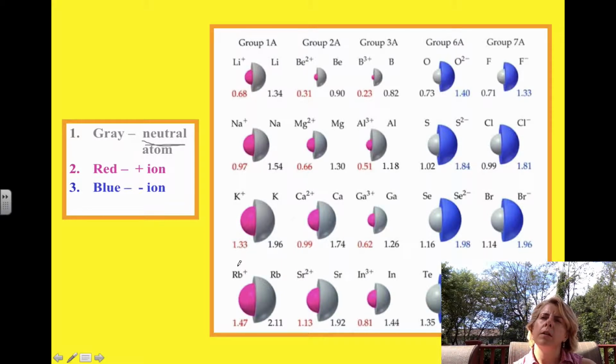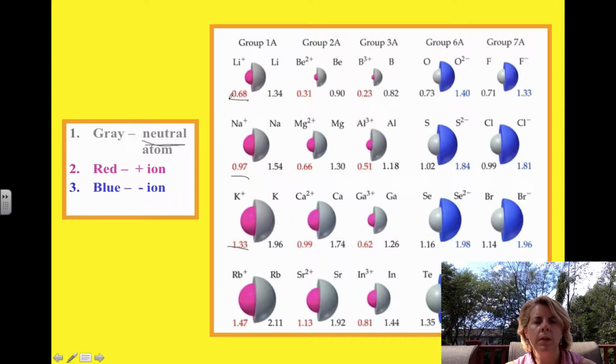That section of the periodic table has more metallic character, so they're more readily able to give up that extra 1, 2, or 3 electrons. Now notice that the size of the cations is significantly smaller than the neutral atom, and that makes sense because you removed electrons. You're stripping away that outer layer of electrons.